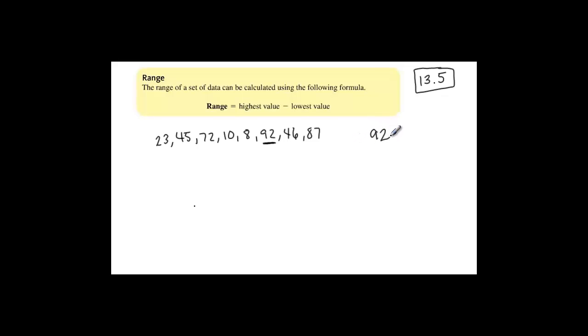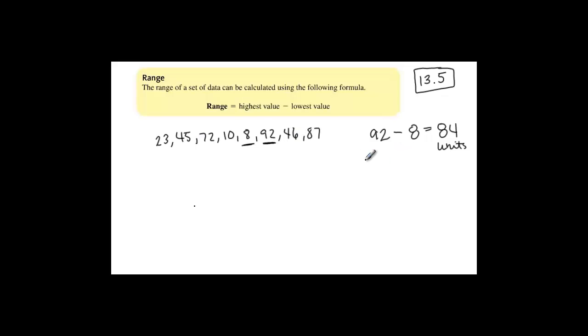So we'll take 92 minus the lowest value of the data set, which is 8. And then we know that 92 minus 8 is going to give me 84. This one we aren't given any units, so I'm going to just describe that as 84 units. If this had been milligrams or ages and years, we would include those units in our range.